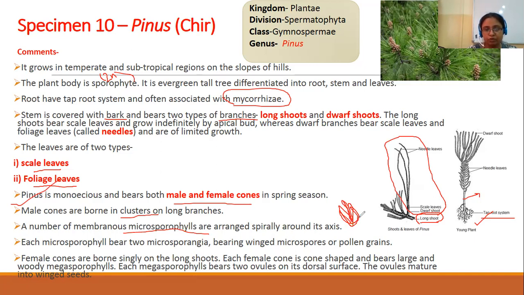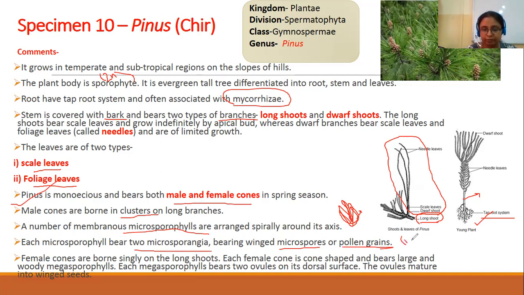Each of these microsporophylls, meaning the leaf bearing microspores, generally contains two microsporangia. Sporangia means spore-containing bodies. So these microsporangia are filled with the microspores or the pollen grains. Pollen grains are nothing but the male gametes.